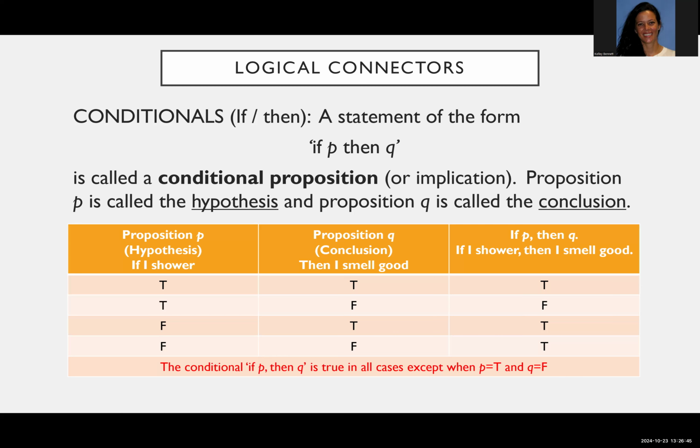And something to notice is actually that the conditional is true always, except when the proposition was true and the conclusion was false. It's always true unless you take a shower and you come out stinky. That's the only one that doesn't work.